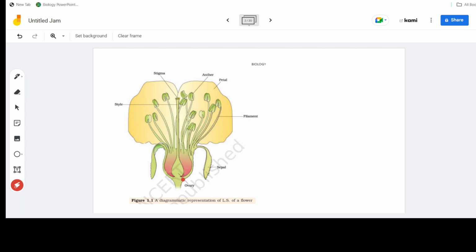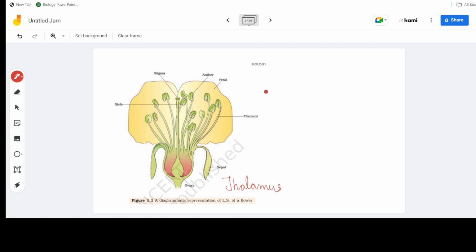Now you can see all these structures are arranged on a base or receptacle, and that receptacle portion is called thalamus. There is one more term mentioned here, thalamus. Thalamus is the receptacle on which all these 4 whorls are arranged.